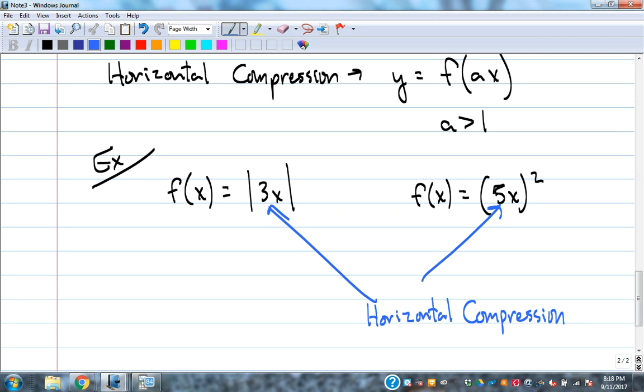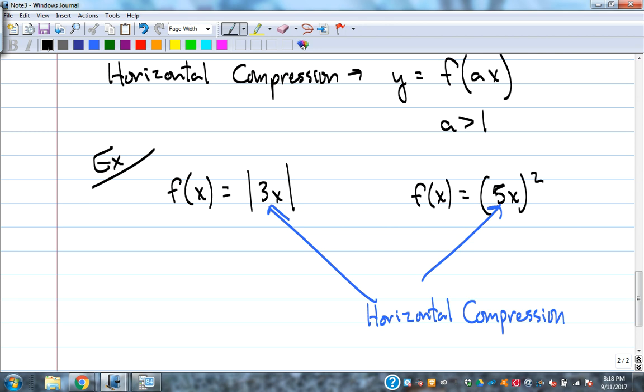If we see a 1/3 on the inside of that, we know it's a horizontal stretch, so it should be making it wider. If we see a number multiplied on the outside, like a 7, we know it's a vertical stretch. That's what we're after here, is trying to recognize those things.